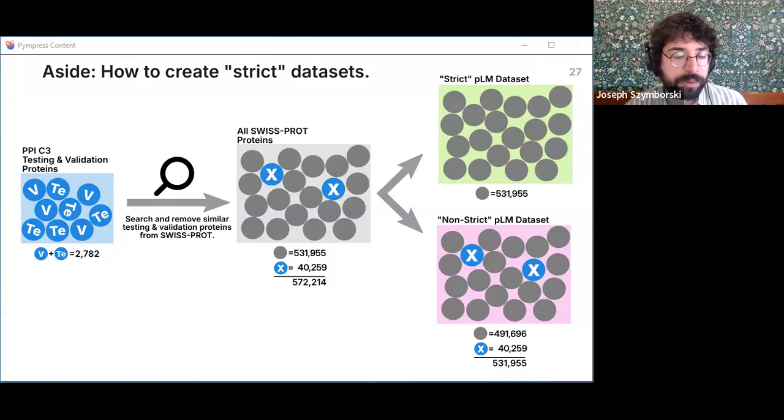That way we ensure that we're really testing whether the presence of these testing proteins in the non-strict data set is what causes the difference between these two. Proteins that weren't in the evaluation set of the downstream task were eliminated from the non-strict pLM data set until both strict and non-strict pLMs have the same number of proteins to train on.